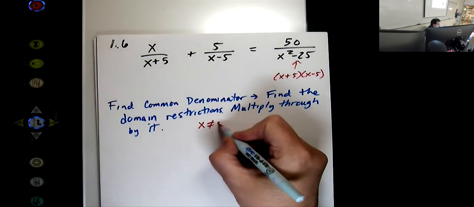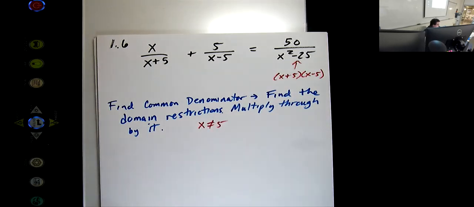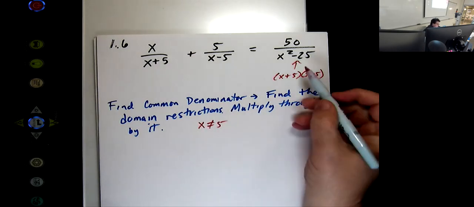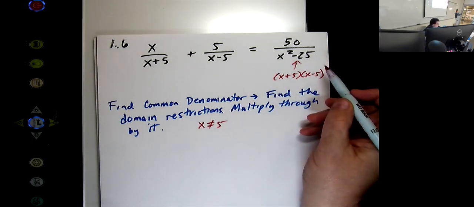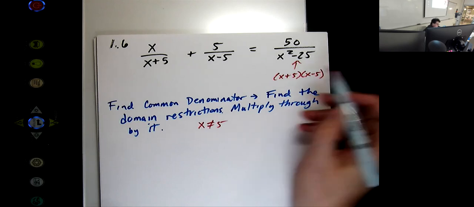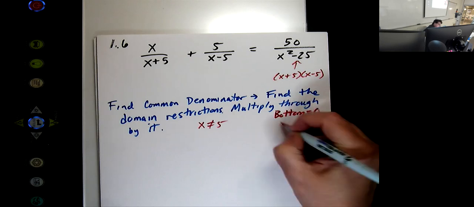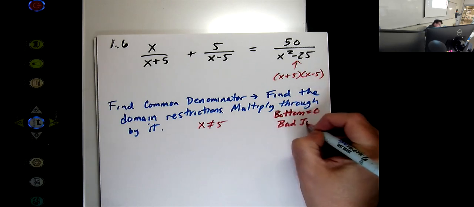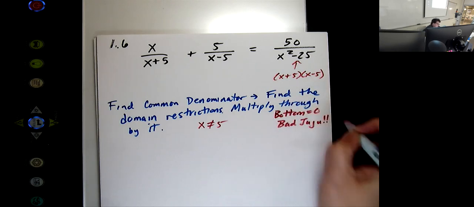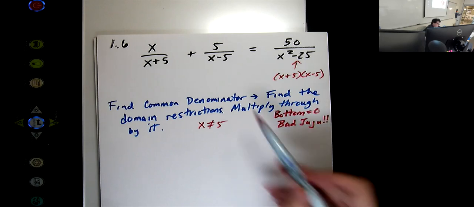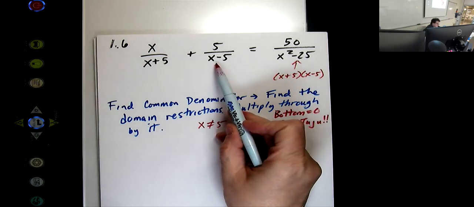Why? Okay, if you don't know why, what we're doing is we do not want the denominator to equal 0. Bottom equals 0 is bad juju. So if I plug in 5 there, 5 minus 5 is 0.